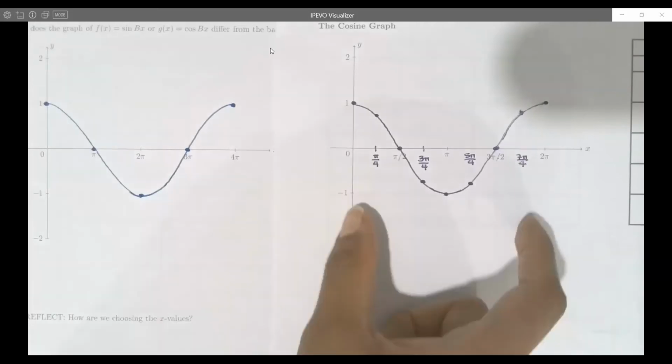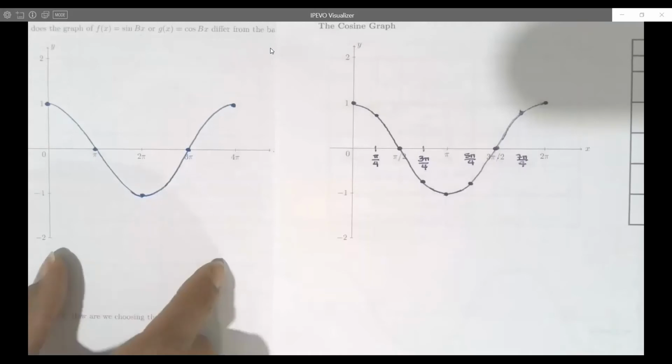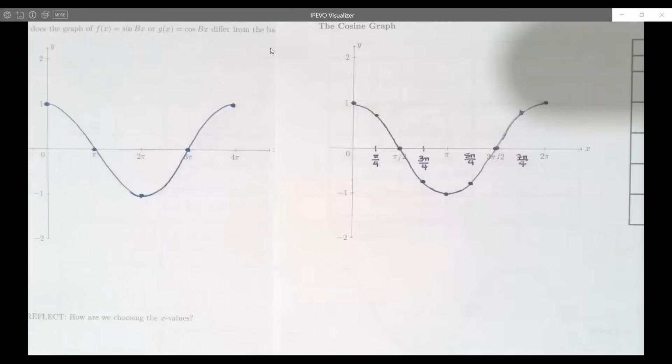What was the period of the original cosine graph? 2 pi. Yeah, originally the cosine graph takes 2 pi. How long is it taking here to complete one cycle? Of 4 pi, so twice around. Yeah, it's taking twice as long, right?